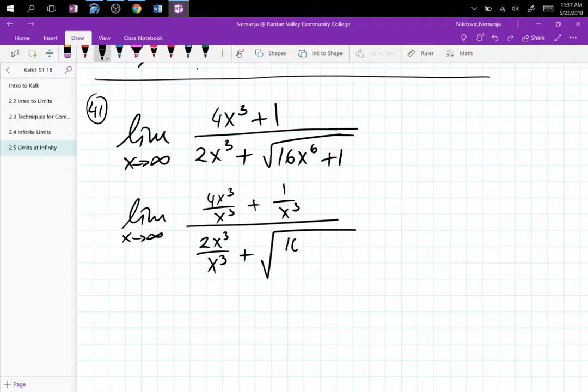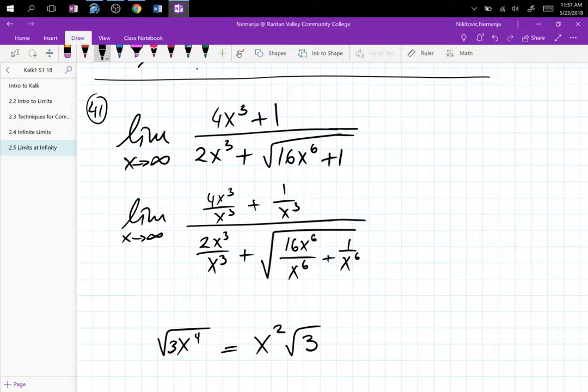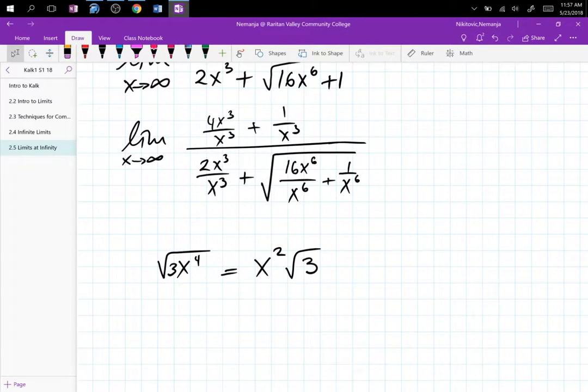Now, very important thing over here is when you're dividing in the square roots, to divide by x to the 6. Because when x cubed undergoes the square root, it picks up double power, right? You are used to the fact that the square root of x to the 4th will go outside as x squared.